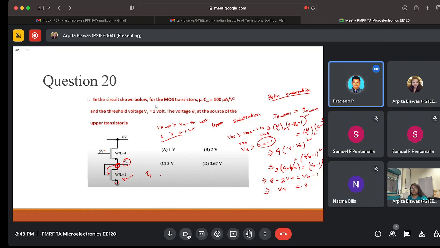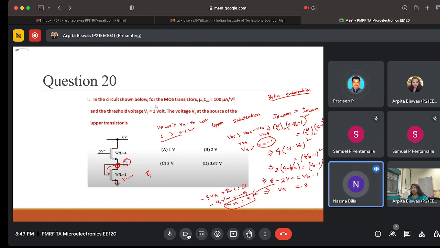Okay, so 2 into 4 minus Vx, so this side minus 1 and this side plus 1. So just see here, minus 3 Vx and this side plus 8 plus 1 is equal to 0. So minus 3 Vx, if we take this side from 9, Vx equal to 3. Is it right? Correct, ma'am. Correct.